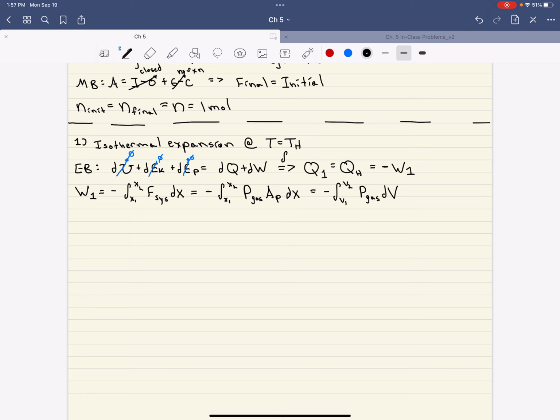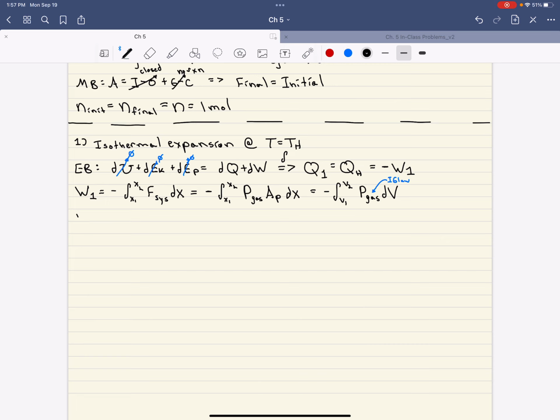Now, the next step is to figure out what P gas is. We have to remember that in the Carnot cycle, each of our steps is reversible. Since we're following a reversible quasi-static process, for the gas we could approximate it using an equation of state. In our case, we could use the ideal gas law.